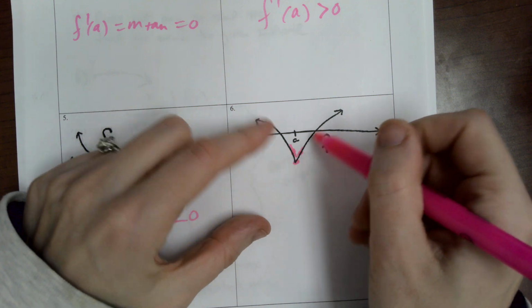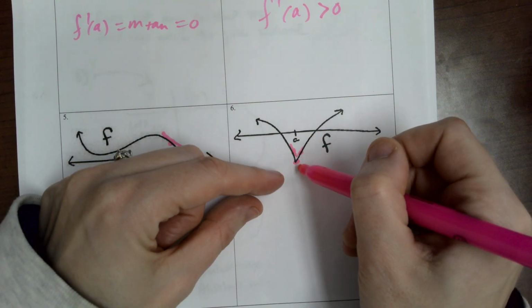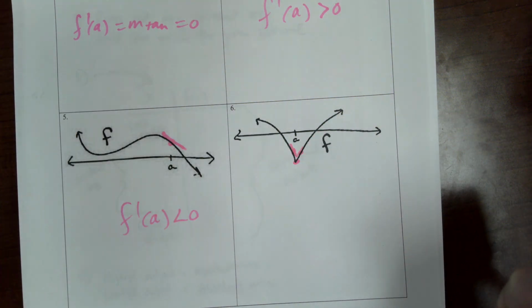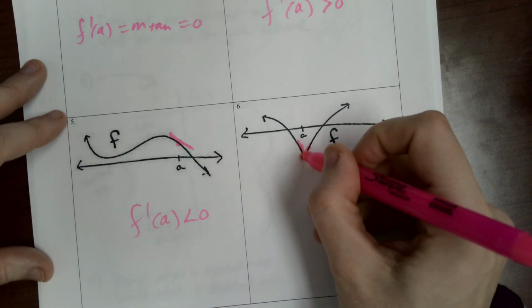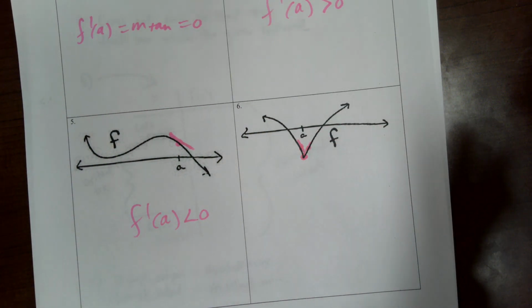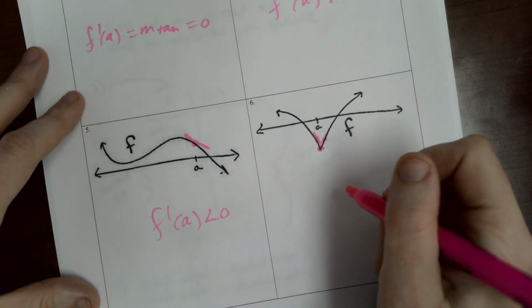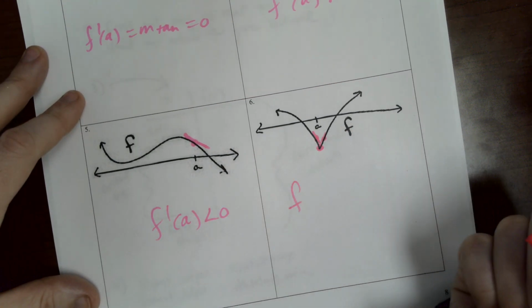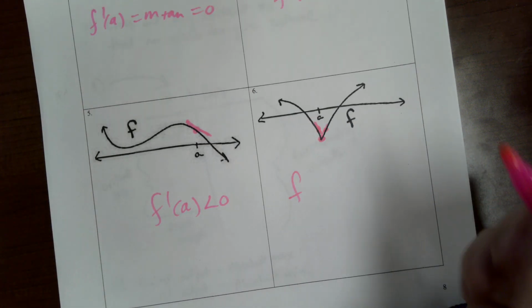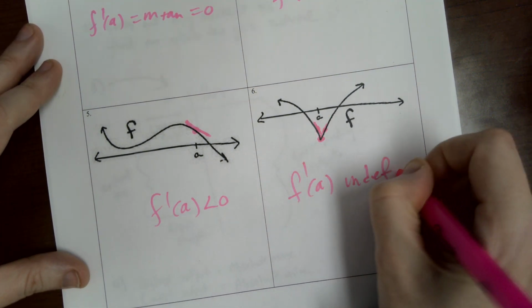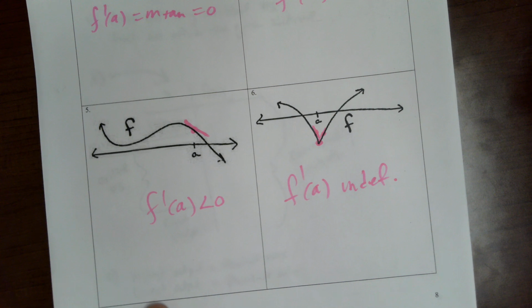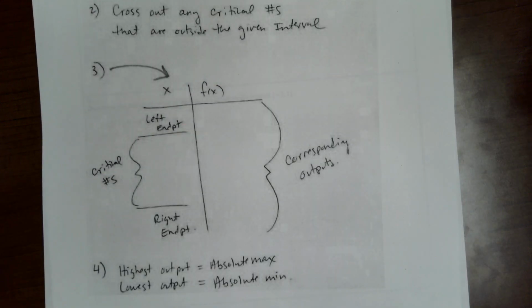And actually, the closer you get to this point, the tangent line is approaching almost a vertical tangent. So the slope is undefined. You cannot define the slope at that point, nor can you even draw a tangent line. You need smoothness to even be able to draw a tangent line. f prime of A is undefined.